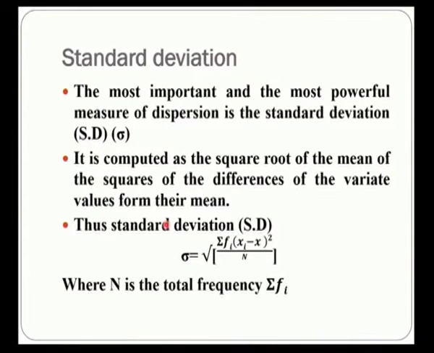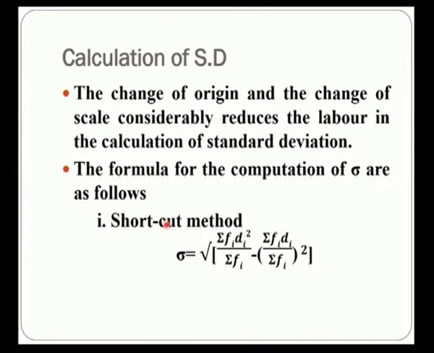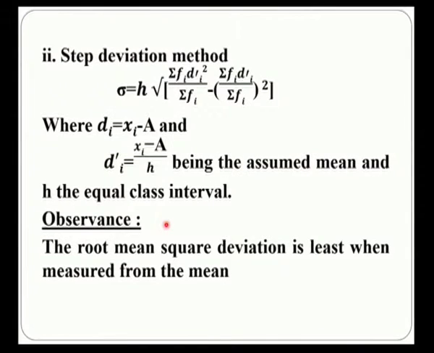Now, let us come to the calculation of standard deviation. Earlier you learnt the definition of standard deviation. It says that it is computed as the square root of the mean of the squares of the difference of the variate. It can be calculated by 2 methods. One is the shortcut method, the other one is the step deviation method, as we have calculated the arithmetic mean.